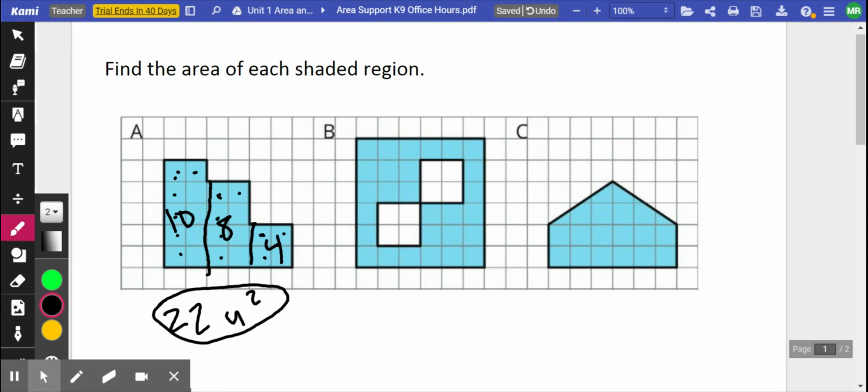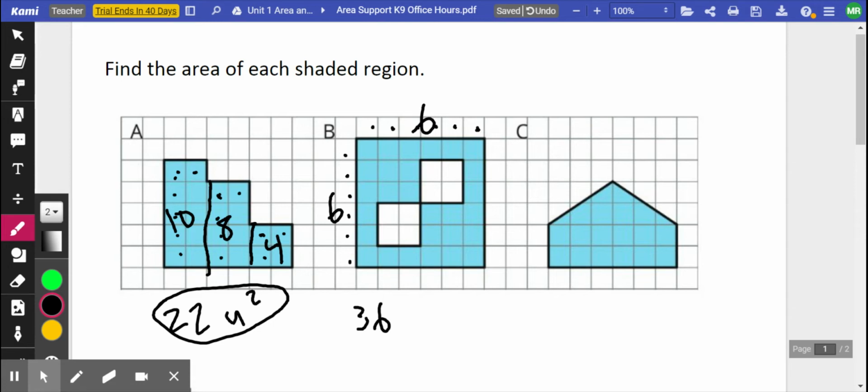All right, figure B. The way that I would do figure B is to first find the area of the large square and then subtract out the areas of the two unshaded squares. The large square is 6 units by 6 units. 6 times 6 is 36. And then the squares inside are both the same shape and size, so they have the same area.